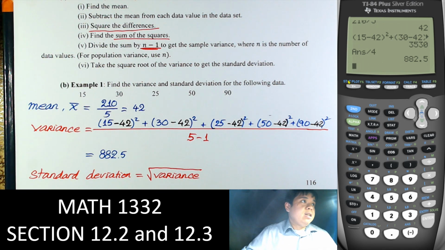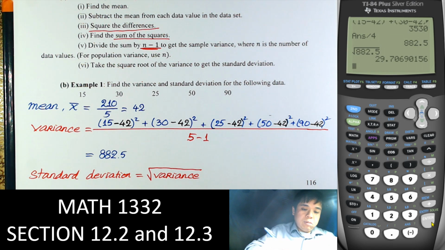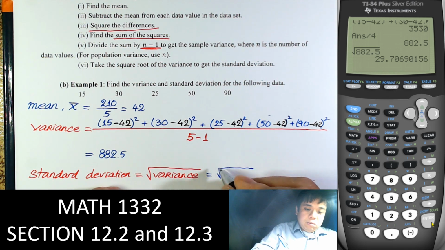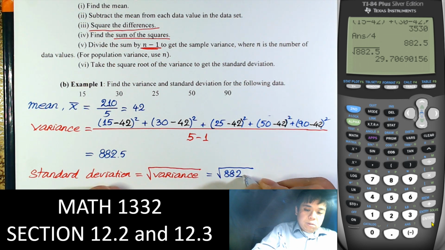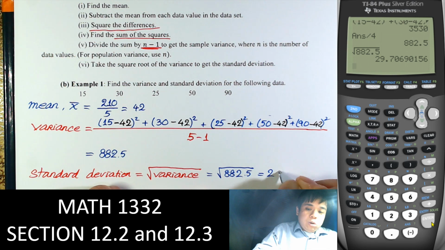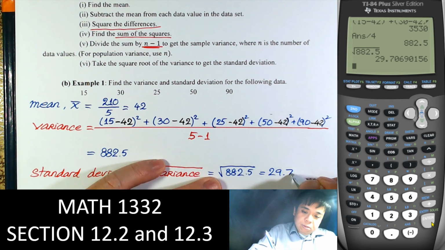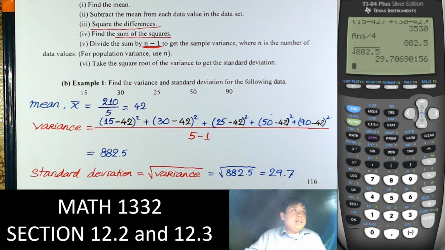Square root of that gives .7. Yeah, just like that. Then you say, can we do this with the calculator? And the answer is, of course.